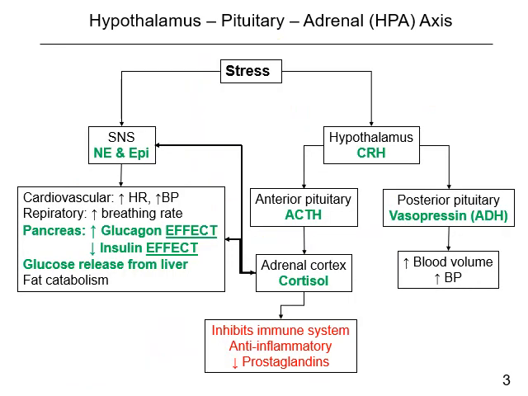So here is the flow chart for stress. This is another way of looking at it. As I said, stress causes the hypothalamus to release CRH at the median eminence. CRH triggers the corticotrophs of the anterior pituitary to release ACTH.